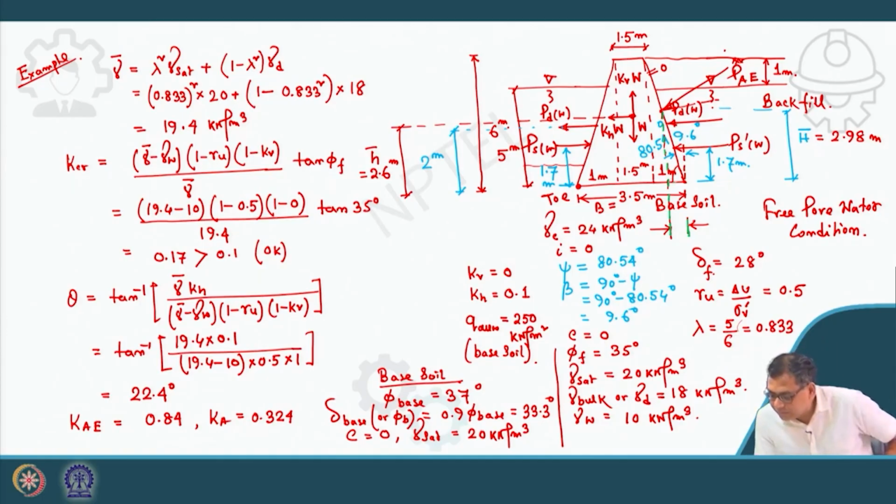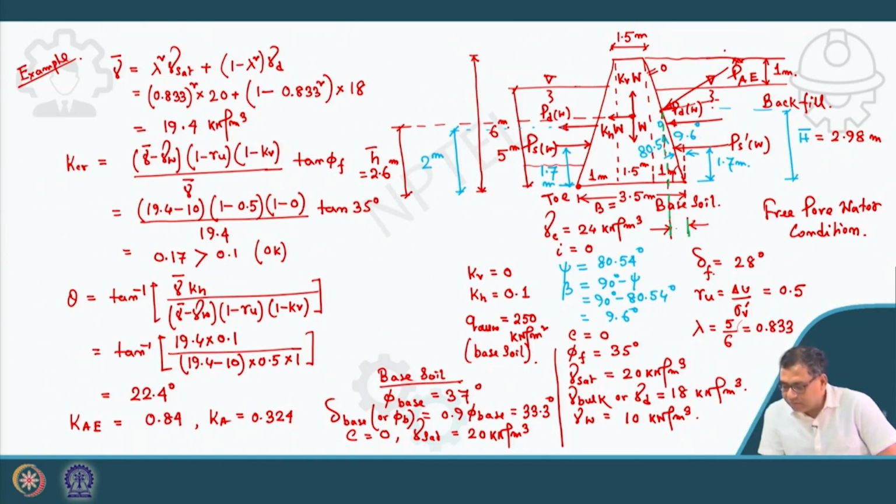How will I calculate this distance? Which is very simple. My xi is 80.54. This height, the point of application, is known, that is h bar, 2.98.